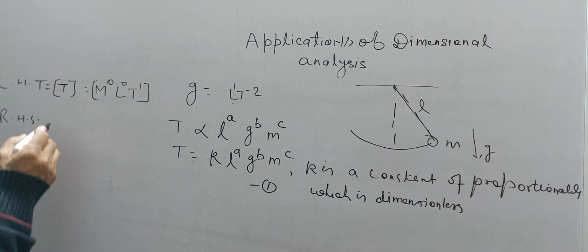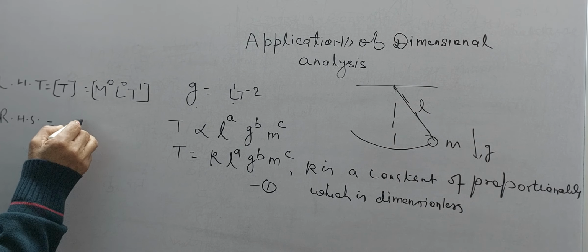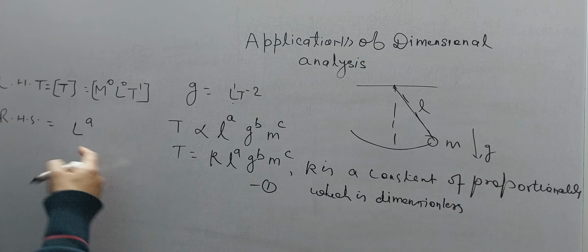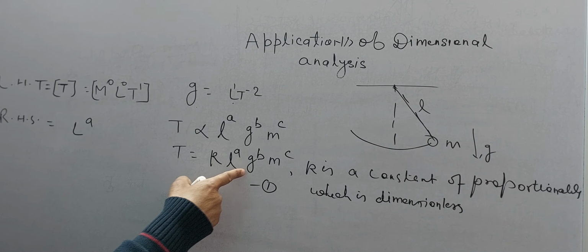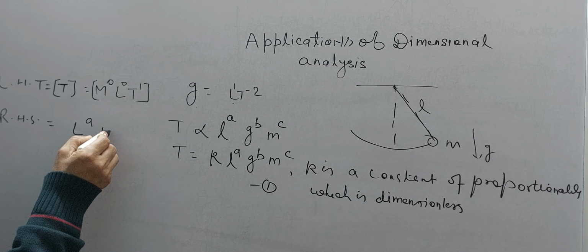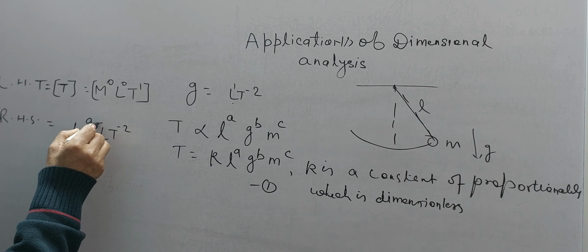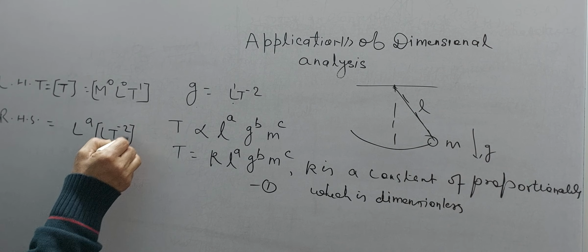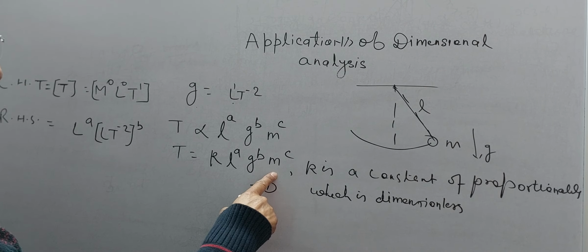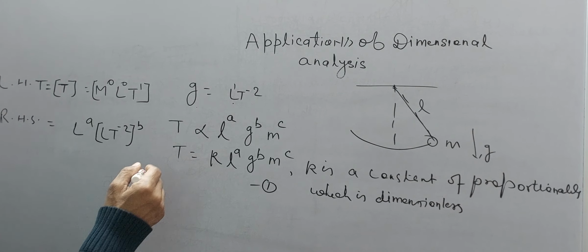L has the dimension of length raised to the power a, and acceleration due to gravity LT minus 2 raised to the power b, and at the end the mass raised to the power c.